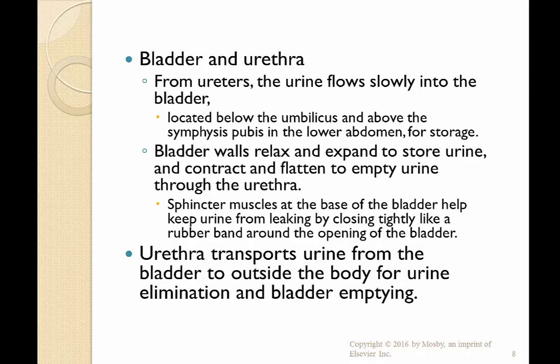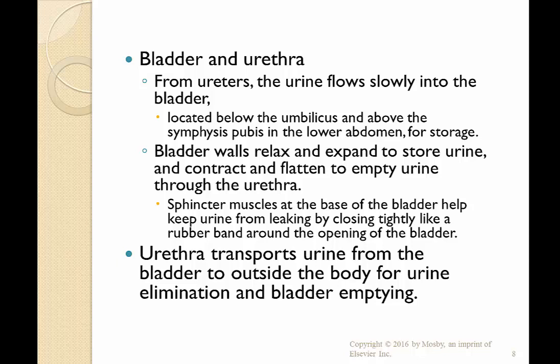Then we have our bladder and urethra. We know that from the ureters, the urine will go into the bladder, which is located just below your umbilicus and above your symphysis pubis. It's a storage unit. The walls relax and expand to store urine and contract and flatten as we empty through the urethra.